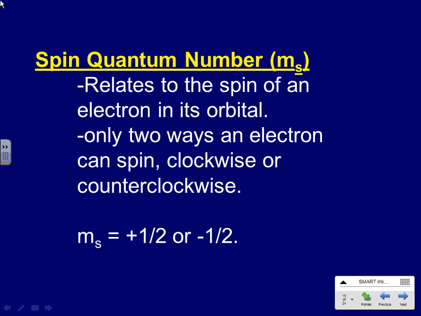It turns out that electrons spin on an axis, just like the Earth spins on an axis, giving us our days. And the spin is either clockwise or counterclockwise. It's either a right-hand twist or a left-hand twist.